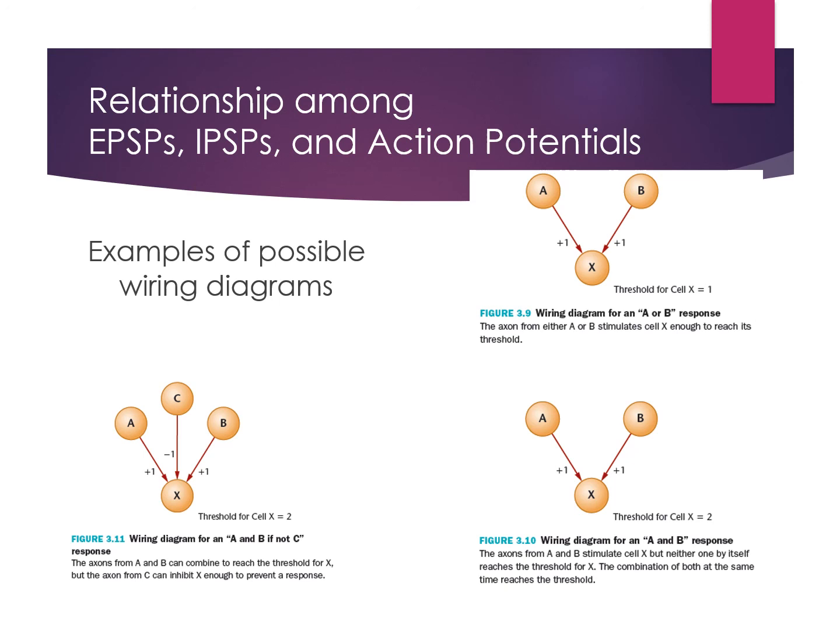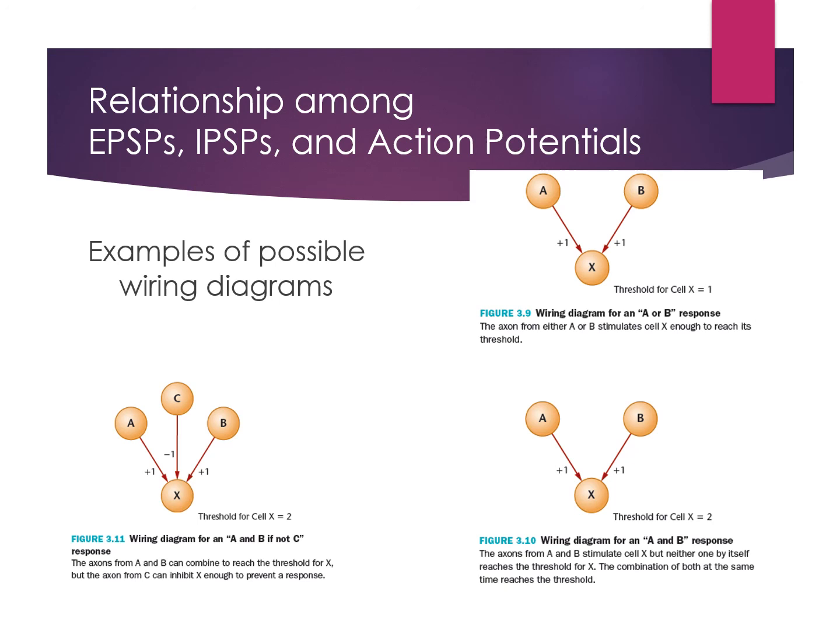So in this case, the postsynaptic neuron we're looking at is X, and we're asking, is X going to fire? And if you look up at the top right in figure 3.9, this is one where the threshold for X is 1, and he calls this an A or B. Either A or B is going to give me a response.